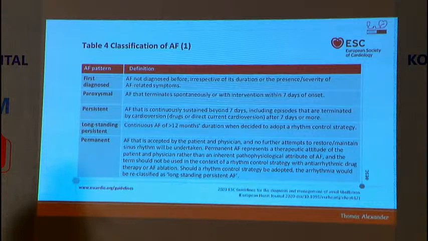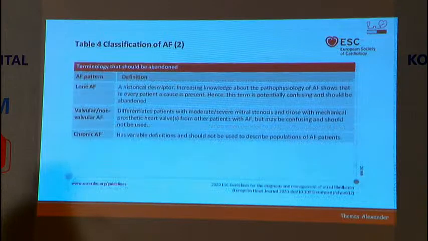But today, for a GP or a general cardiologist it might be a permanent AF, but if the patient sees an electrophysiologist, maybe he would look at rhythm control, and then you need to reclassify them as long-standing persistent, because he might want to attempt to convert this patient back into sinus rhythm for whatever reason.